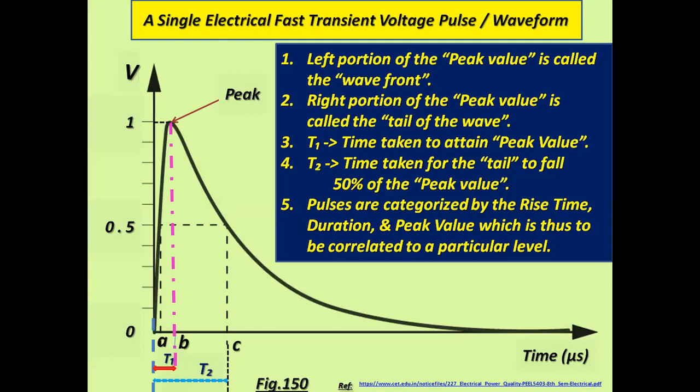T2, time taken for the tail to fall to 50% of the peak value. And last one, pulses are categorized by the rise time, duration, and peak value, which is thus to be correlated to a particular level.